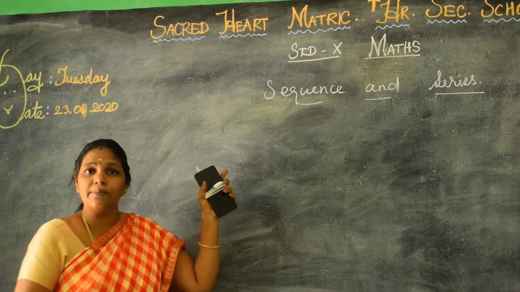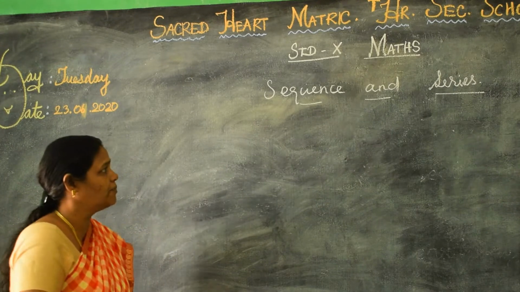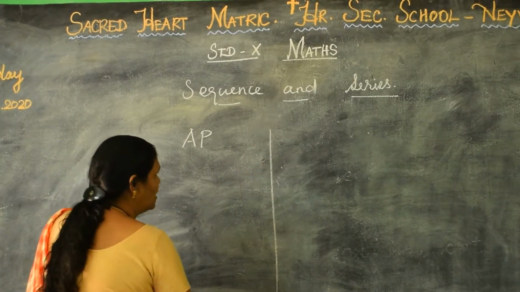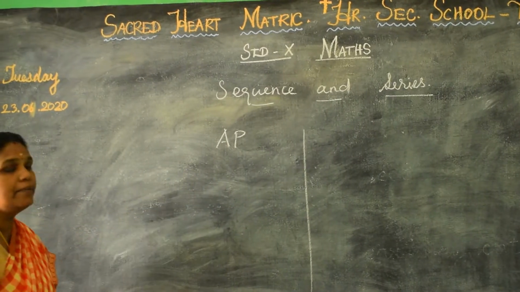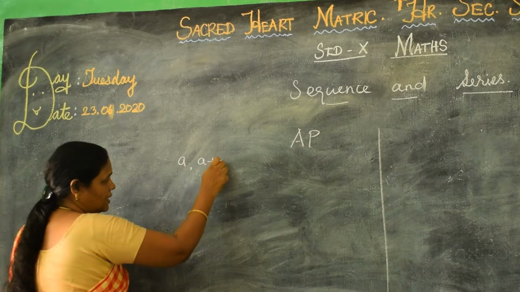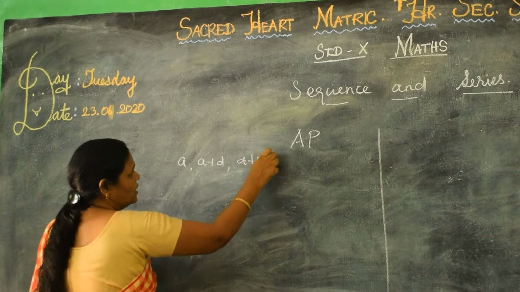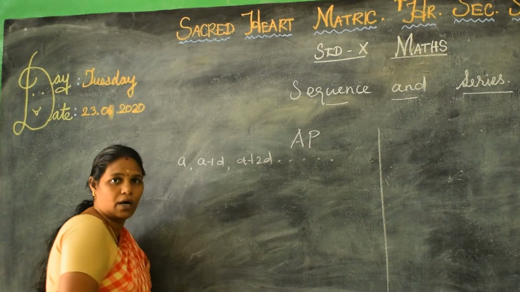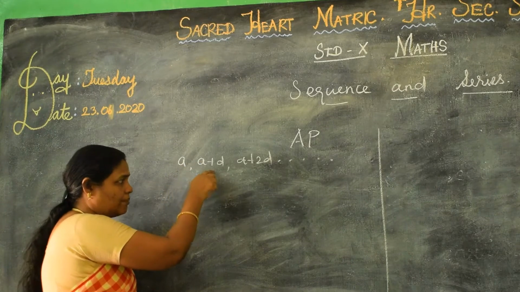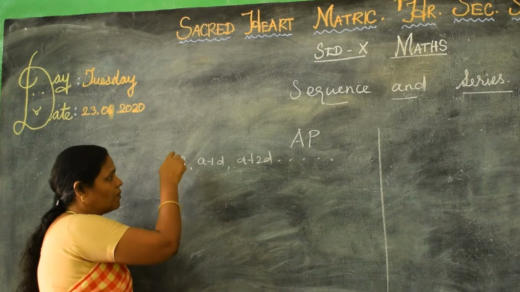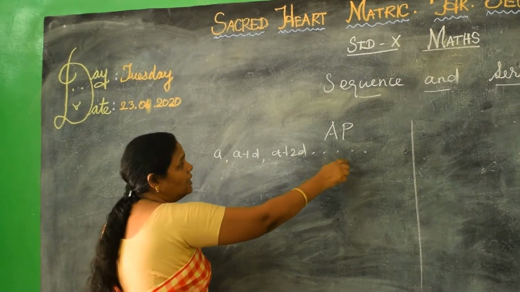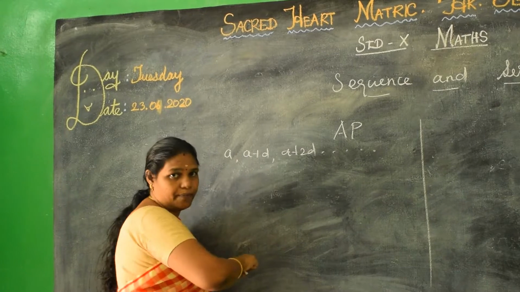Then I taught the arithmetic progression, shortly we wrote AP. So what is AP? Listen carefully. The numbers in the form of A, A plus D, A plus 2D and so on form an AP.